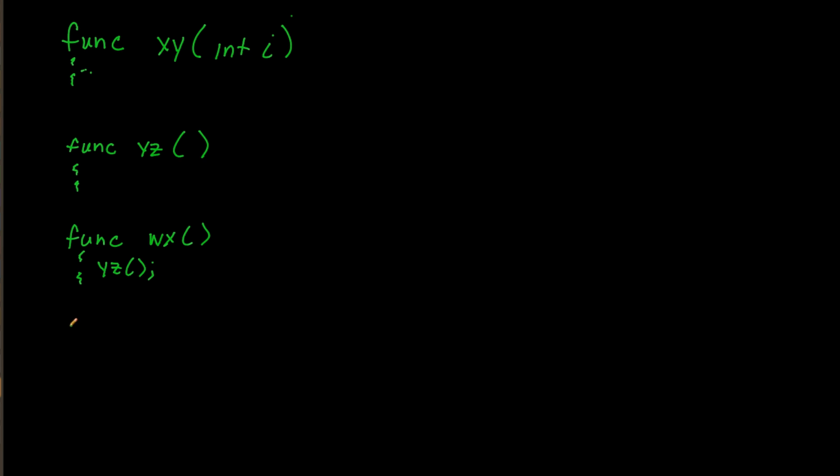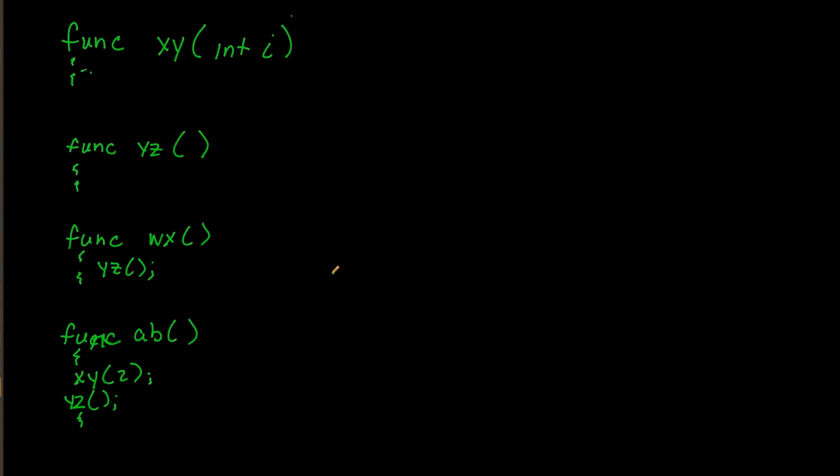Then if we have another function here called AB, it actually calls xy and passes it a 2, and let's say it also calls yz, and then it does its thing.